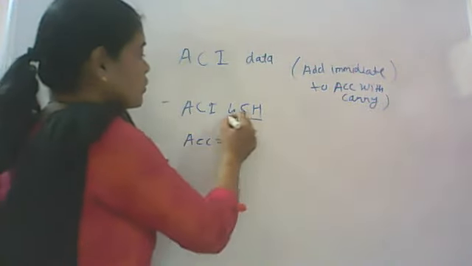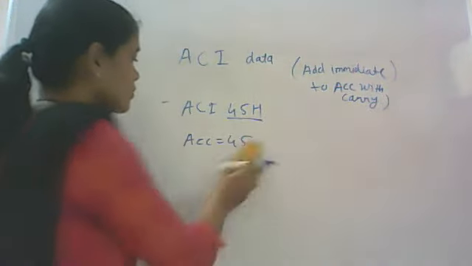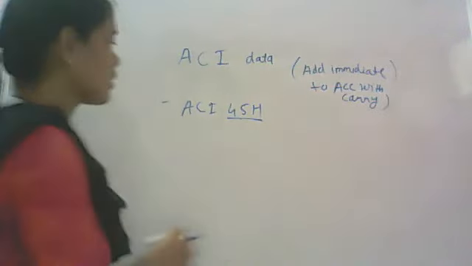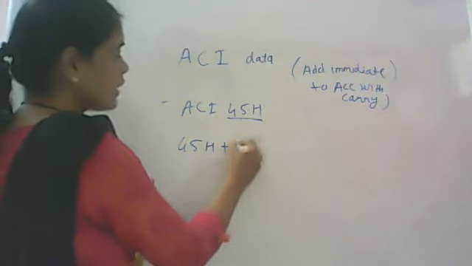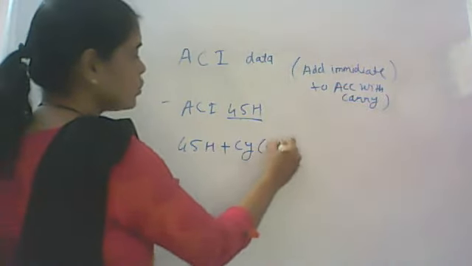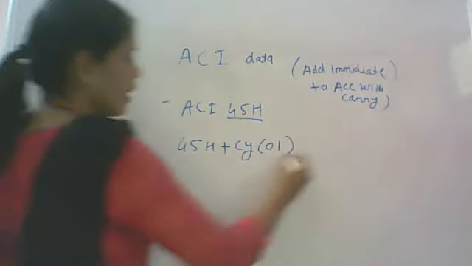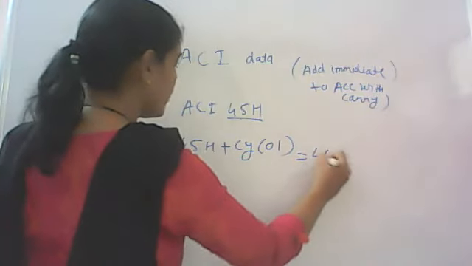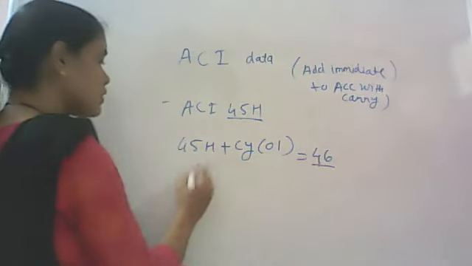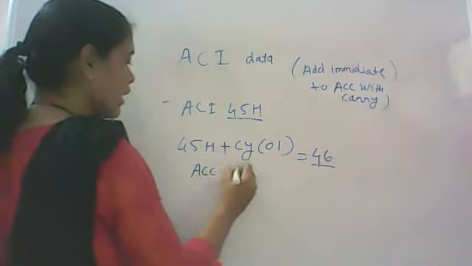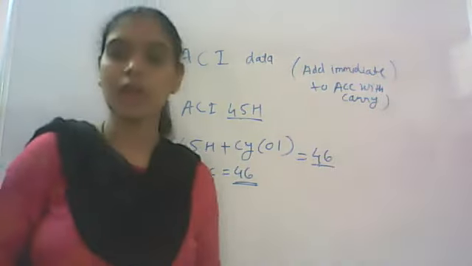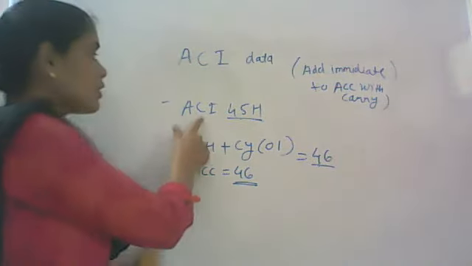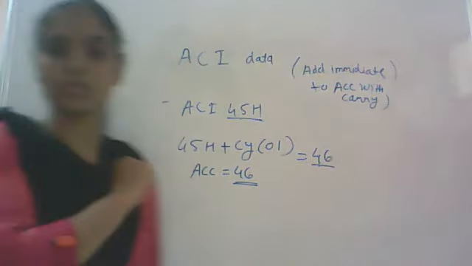So this 45 hex plus carry, that is 01, and result is 46. This 46 is stored in accumulator after executing this instruction.